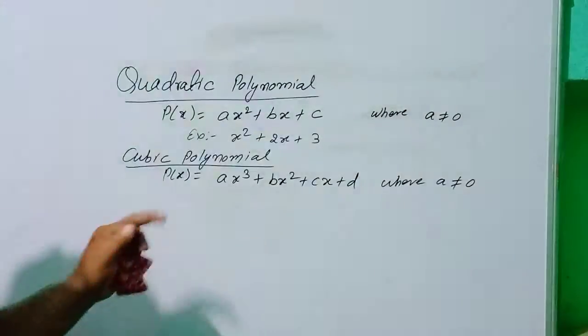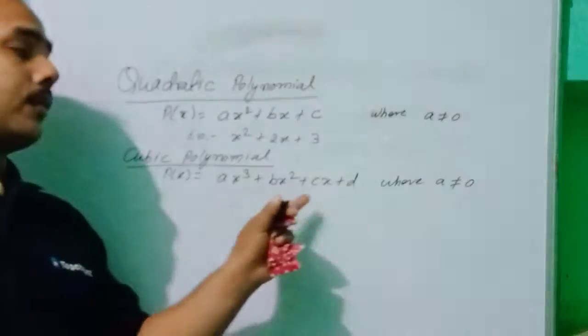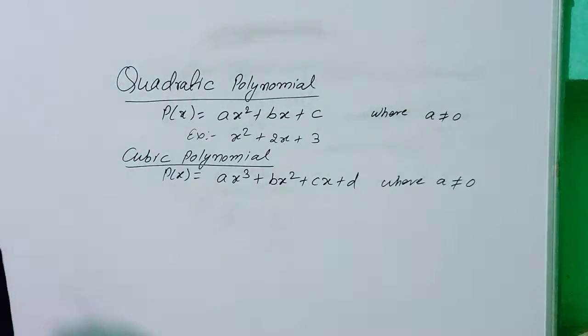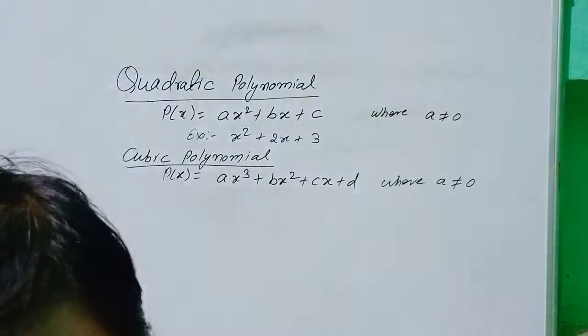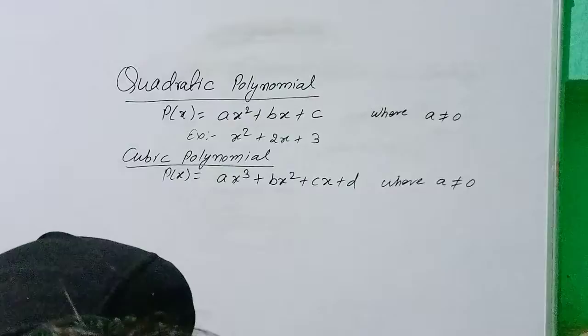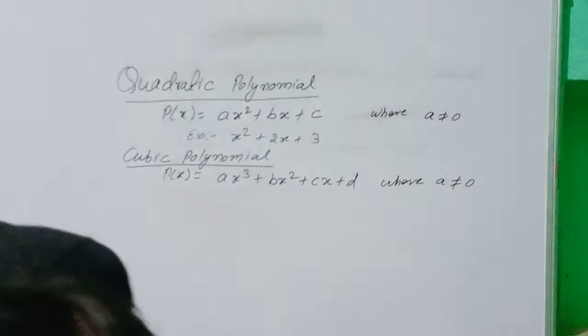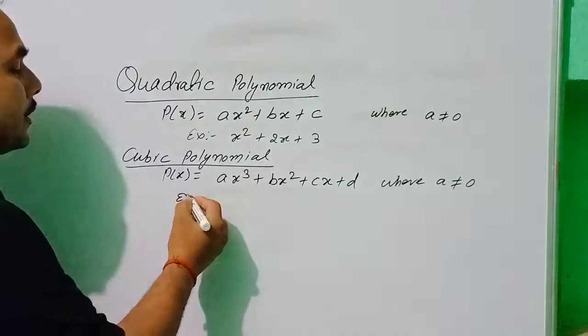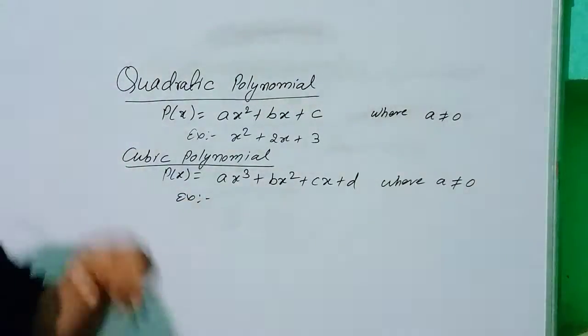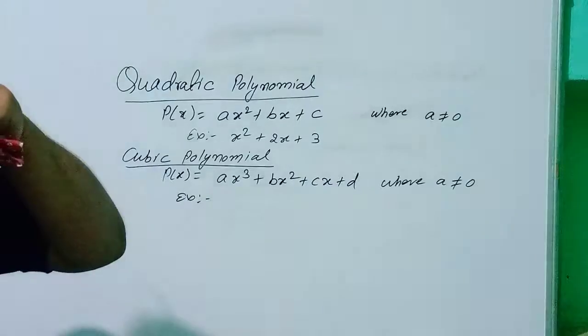So this is the format of cubic polynomial. Any problem? No, sir. Example we will write. Any examples where degree is 3, then that is cubic polynomial.